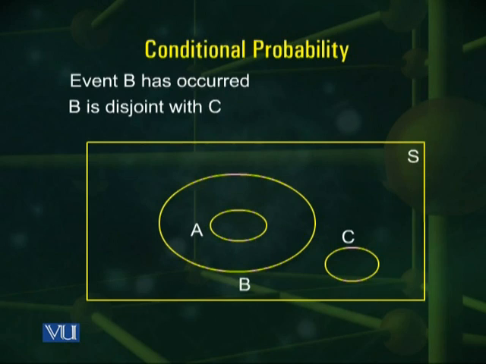So the probability of A given B will increase, whereas the probability of C given B decreased and became 0.